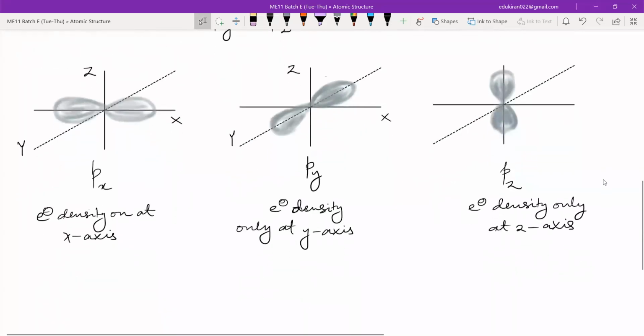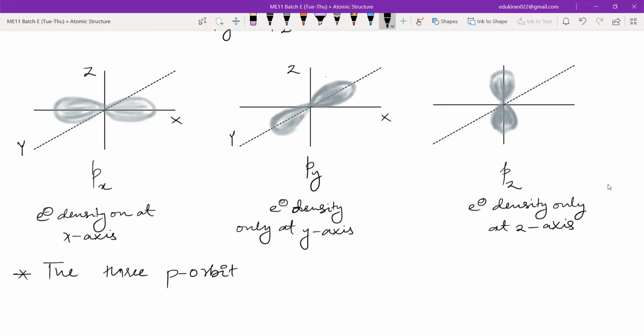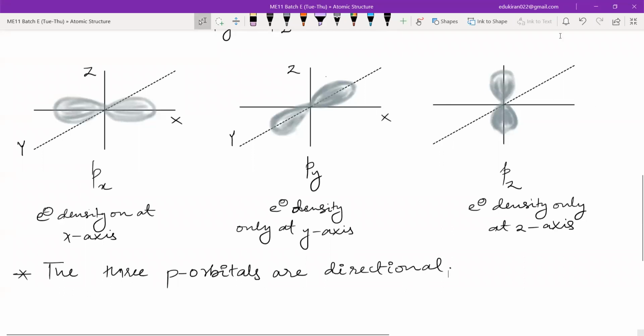And by this we can say that the 3 p orbitals are directional. That means they have the electron density at some particular axis.